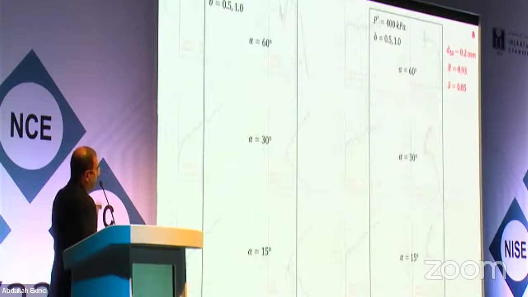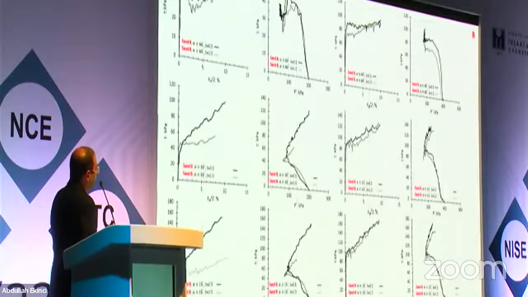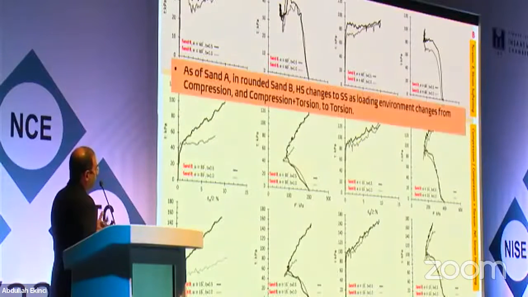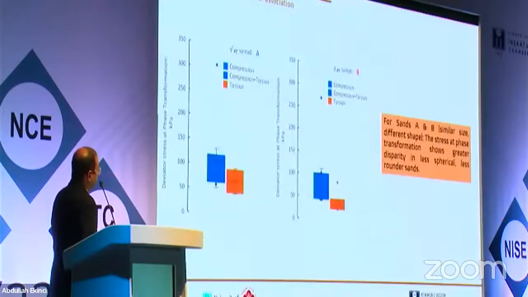Now, B, the same size as A, this time rounder. The very same effect. The soil begins to soften, and you get this strange softening as you get into the pure torsion portion, that's alpha 60 degrees. But more interesting than that, in this diagram we've got the deviatoric stress at phase transformation, QT. On the left-hand side, A, and the right-hand side, B. So A is your angular sand, and B is your rounded sand.